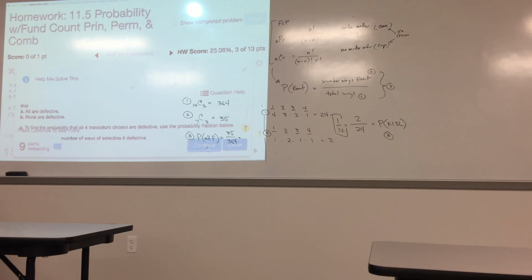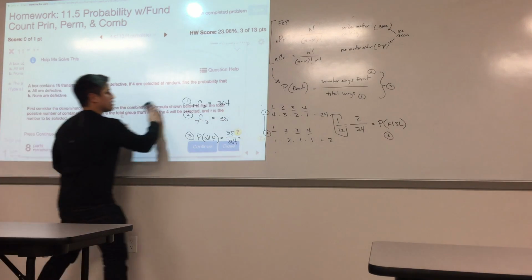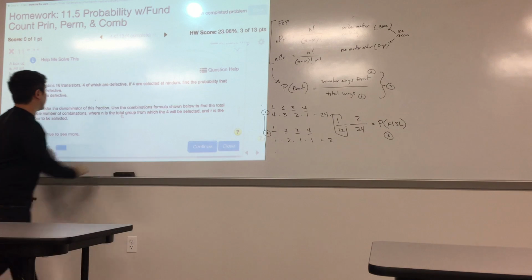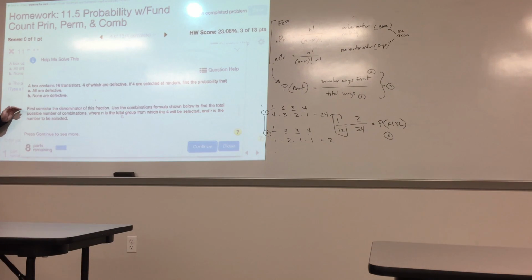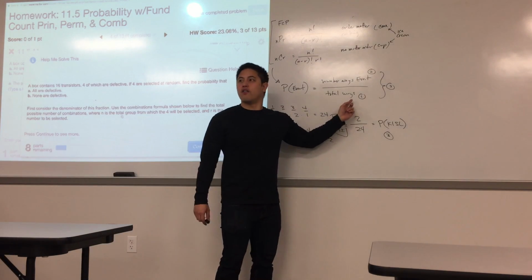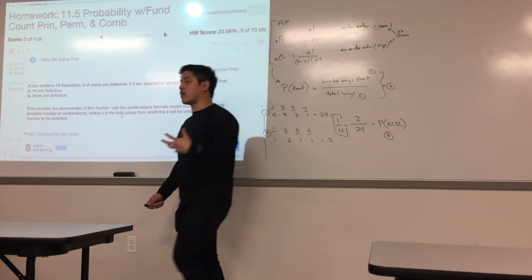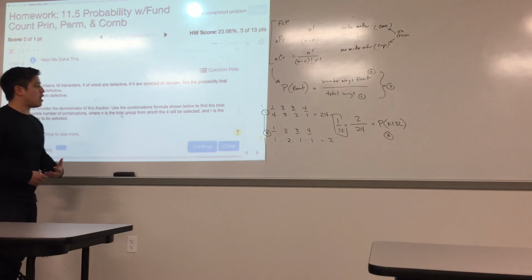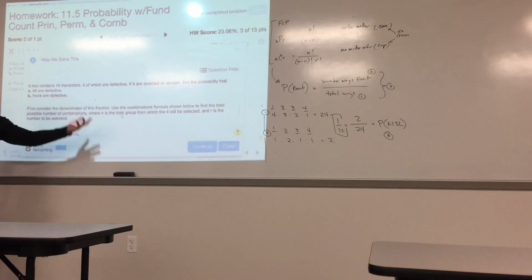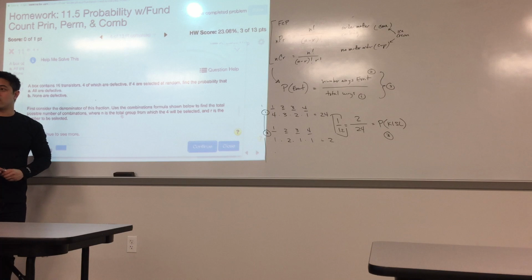Okay, here we go. Let me zoom out for just a bit, and let me erase this. All right, so first consider the denominator of your probability fraction. That's exactly what they're saying. That's trying to find out the total number of ways to select 4 transistors out of 16. Use combinations, because order doesn't matter.